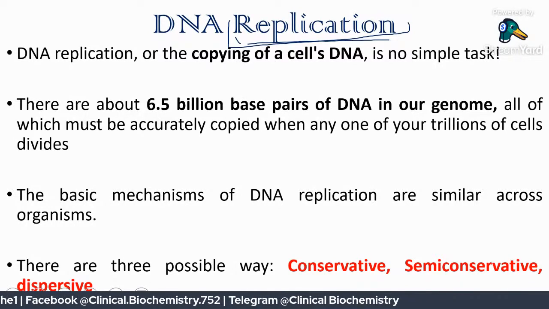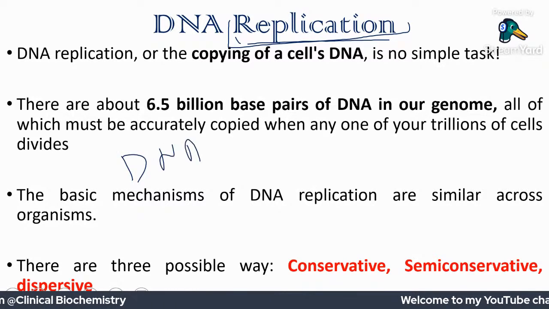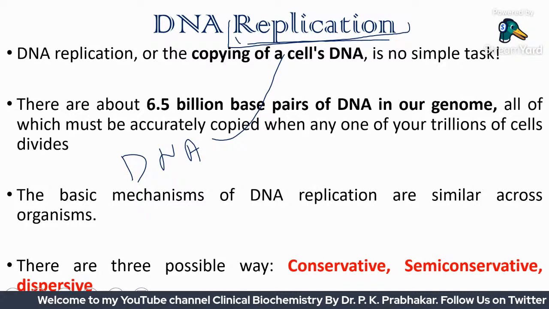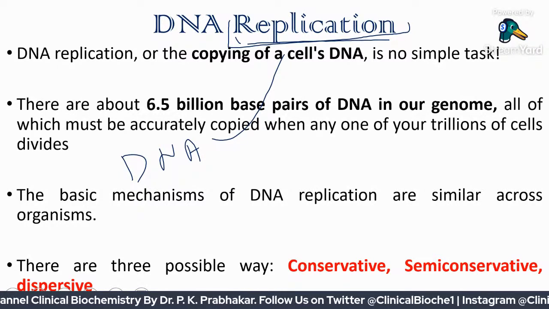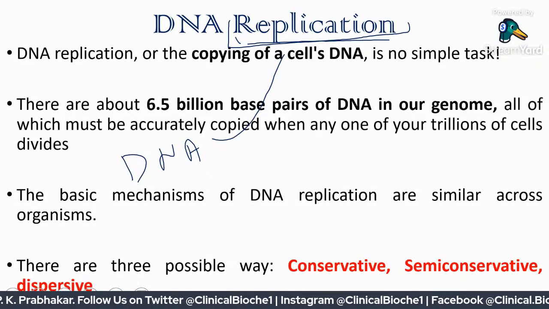Whenever a cell has to divide, then only replication occurs. So if DNA has to go for the replication process, it means the cell has to divide. No other options are there. So the replication's only destination is that the cell has to divide.